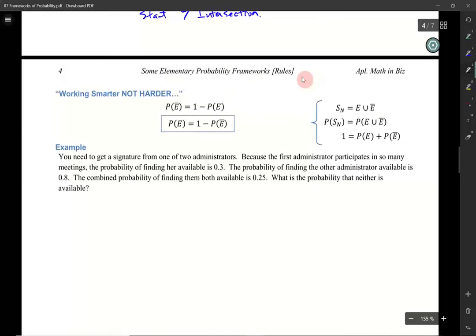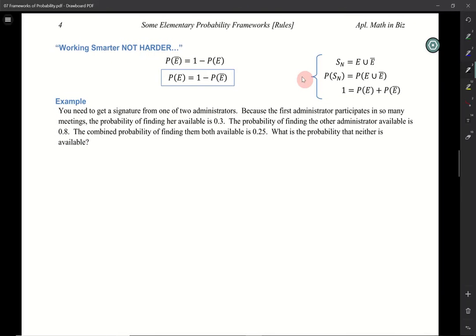There's another technique, which I sometimes think of as working smarter, not harder, where you use the complement. Here's an example. You need to get a signature from one of two administrators, so you could do one or the other.